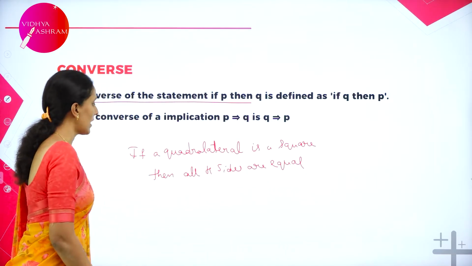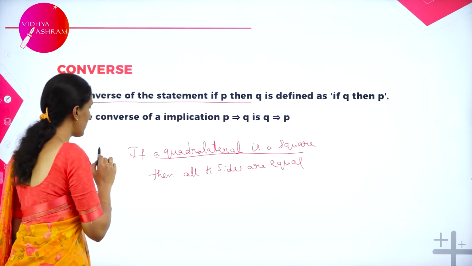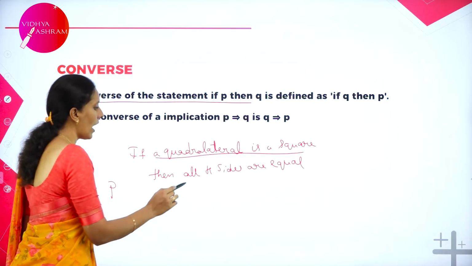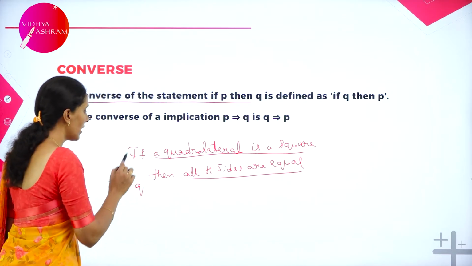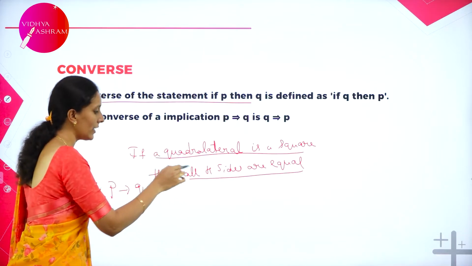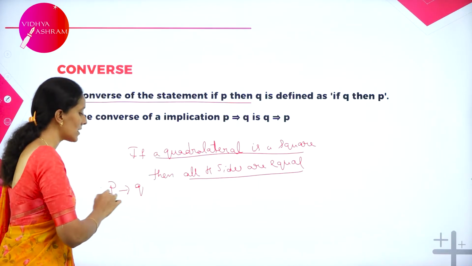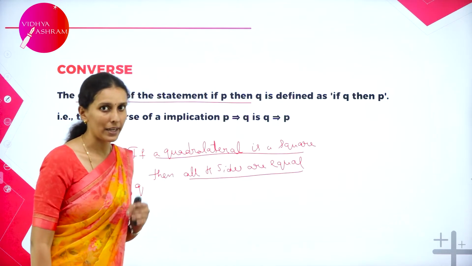I have taken an example here. A quadrilateral is a square is one statement, that is P. And all four sides are equal is another statement, that is Q. Here it is saying if P, then Q. So P implies Q gives you an implication.